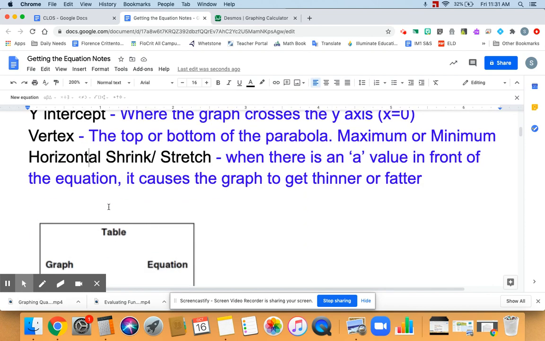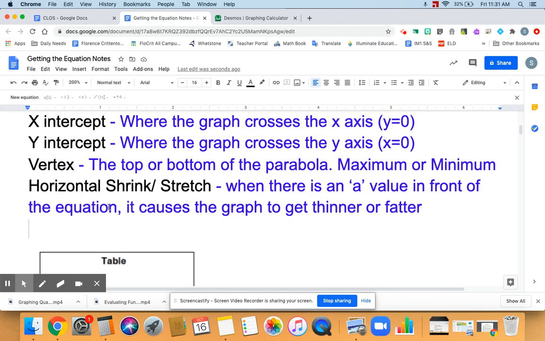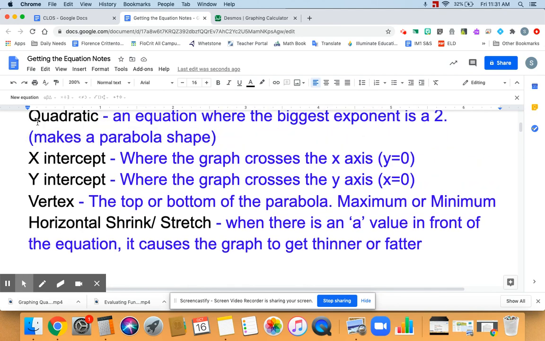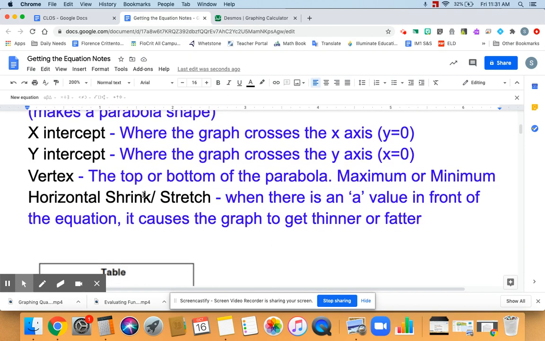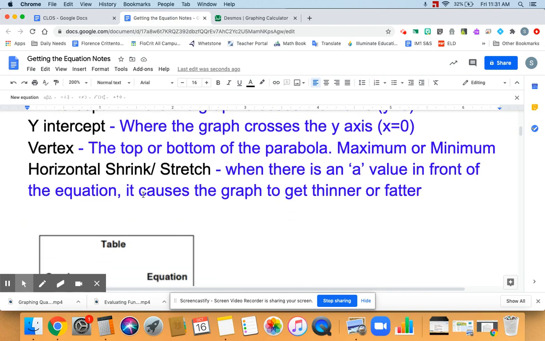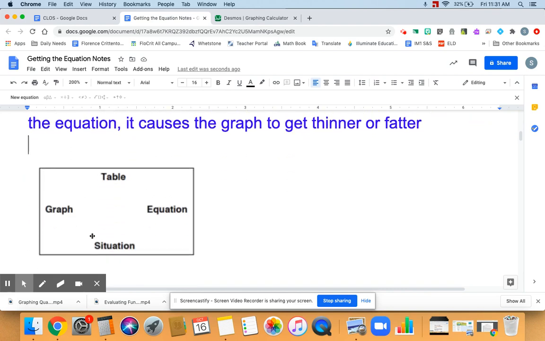All right, so in math, there are many competencies that you have to prove mastery on in order to graduate. One of the competencies is being able to pull out key features and also to compare them to each other, which is kind of what the next lesson's about. But another competency is to be able to go between all 4 representations in math.